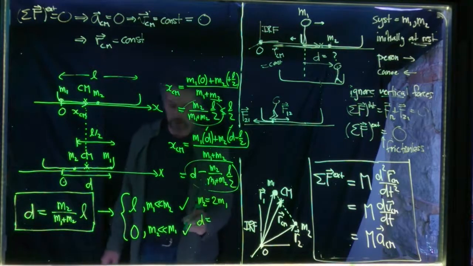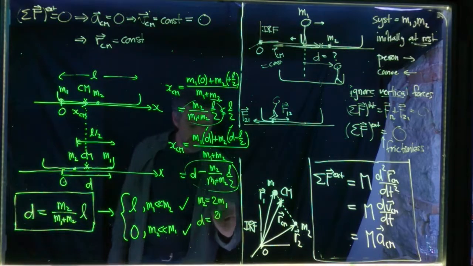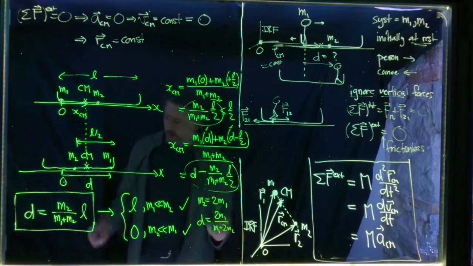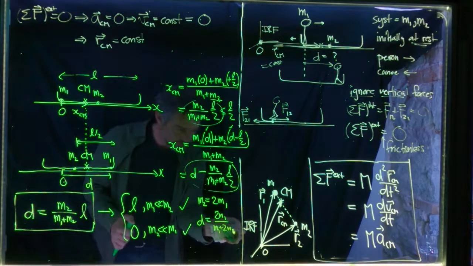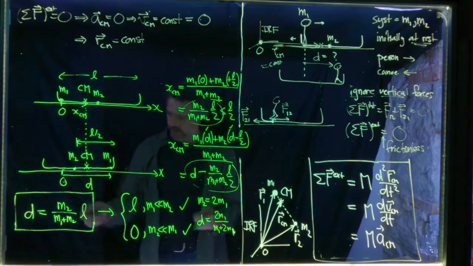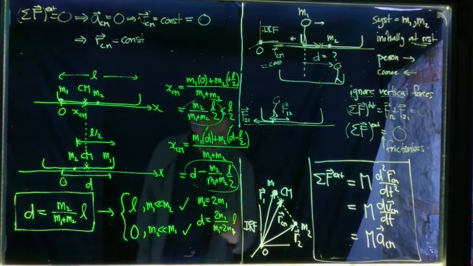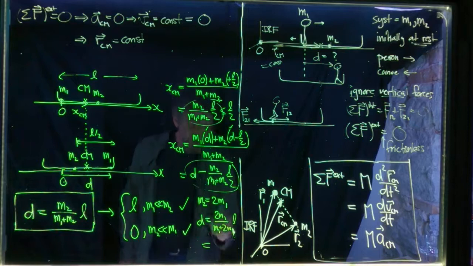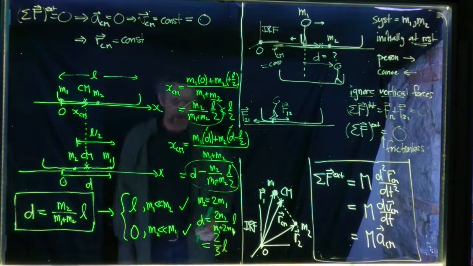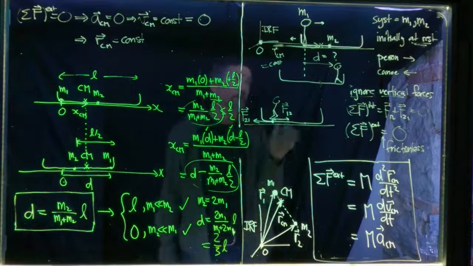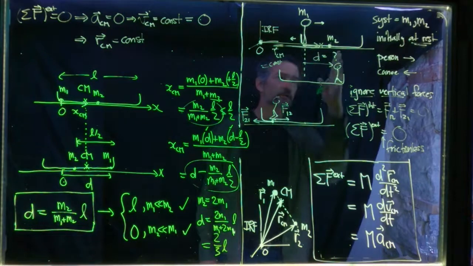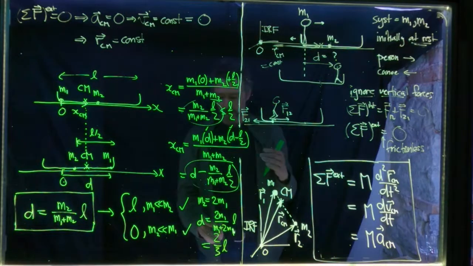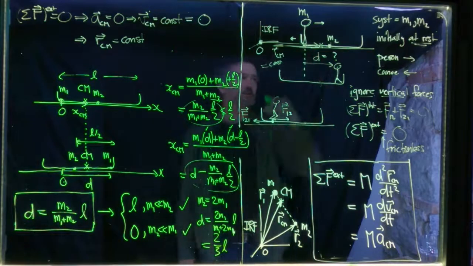Well, in that case, d is going to be m2 divided by m1 plus m2, where m1 is twice m2, times L. So this is 1 divided by 3, which is 1/3 L. So if the canoe is twice as massive as the person, then when the person walks from the left end of the canoe to the right end, this distance d that they travel relative to the original inertial reference frame is a fraction of the length of the canoe, which is about this picture over here.